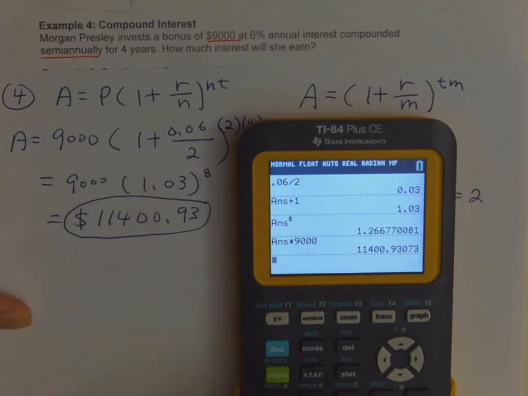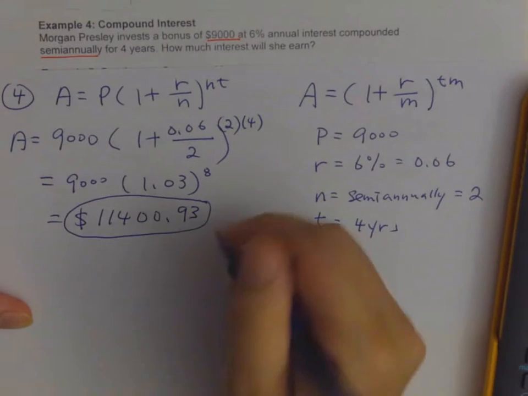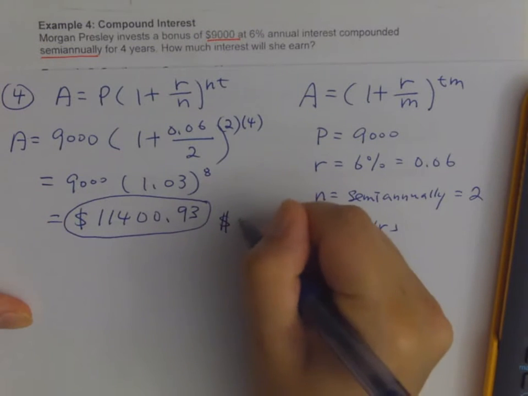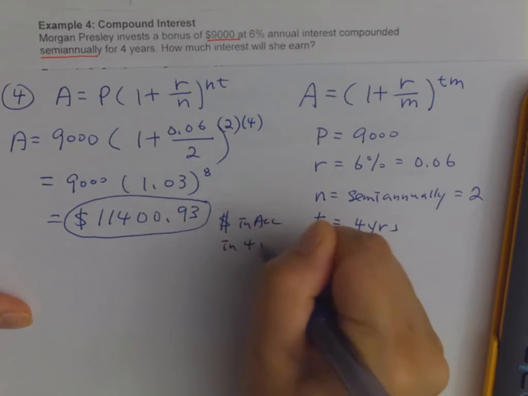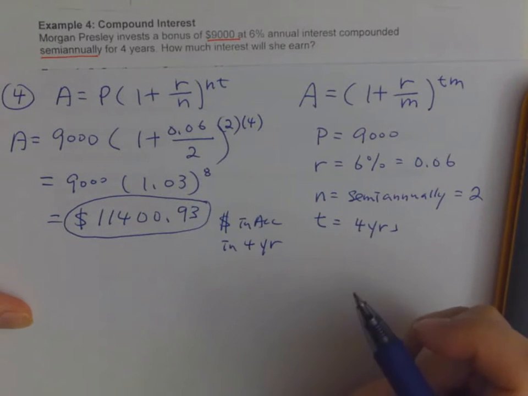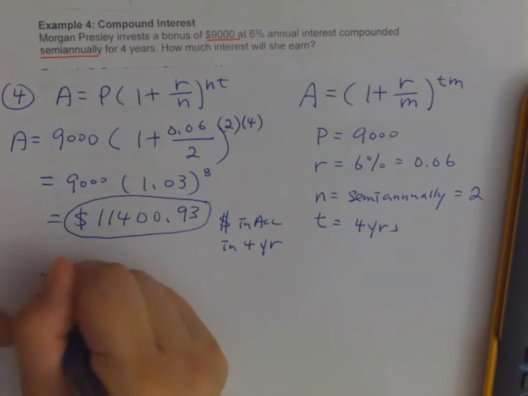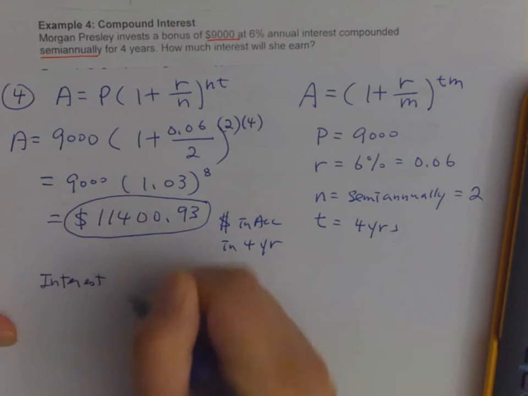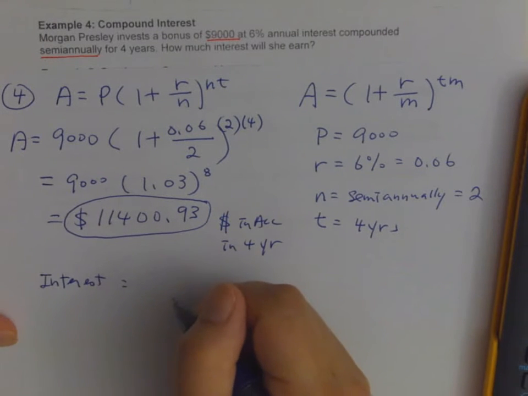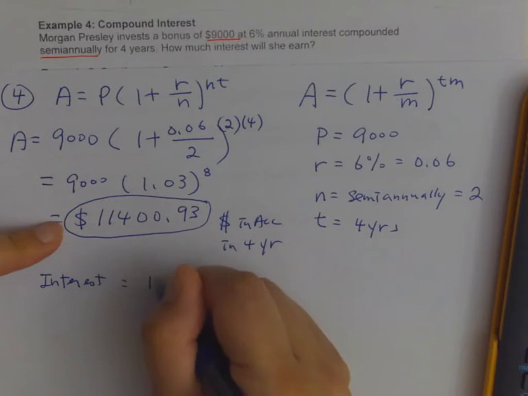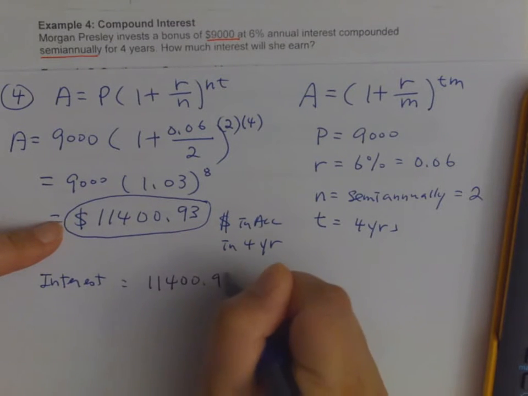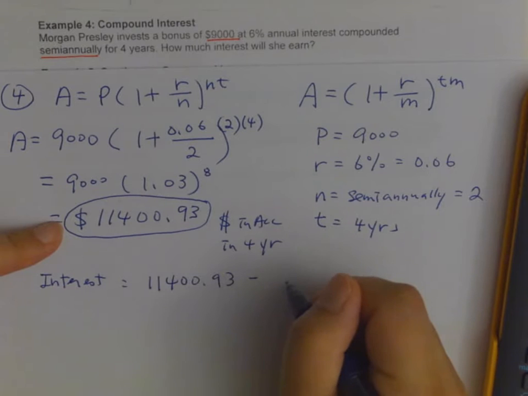So that's how much money she will have in the account in 4 years. But that's not what they asked, right? They asked how much interest she makes. So the interest is going to be the amount of money you have in the account in 4 years, 11,400.93, subtracting how much money you put in.